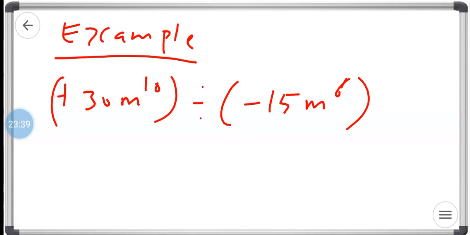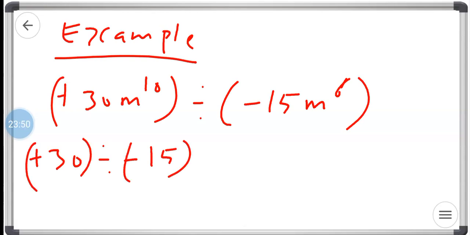So due to that, we'll be having this. Let's take it out. That's plus 30 divided by minus 15, multiplied by m raised to power 10, and according to division, it changes to subtraction, minus m raised to power 6. I won't be writing m again, I'll just pick one m and use the power.